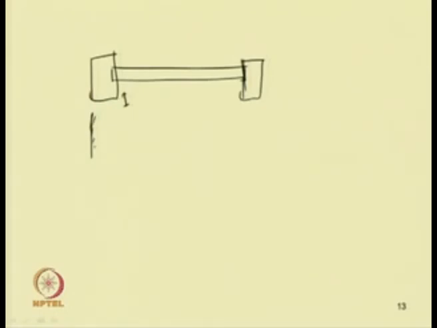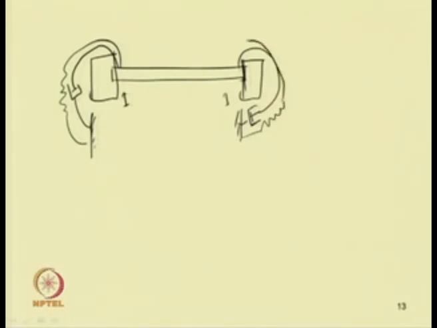Similarly, on this side also one can take a spring and damper and moment of inertia I. So, this is the damping element, and one can have a spring element also, a torsional spring element. Let us take the torsional spring constant K_T and the damping element C_T.